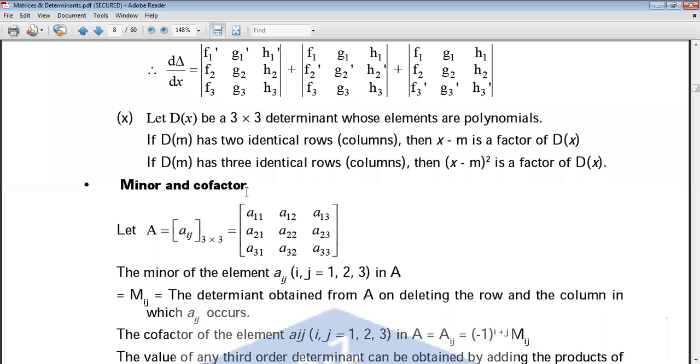Without these two, you will not be able to find other related things like inverse and adjoint of matrices. So next class we will discuss the concept of minors and cofactors. Understood? It's very much important. Again, I'm saying. So, let me just stop sharing.